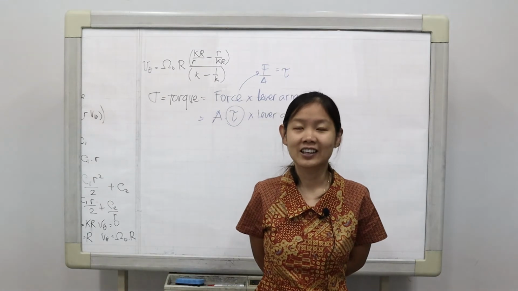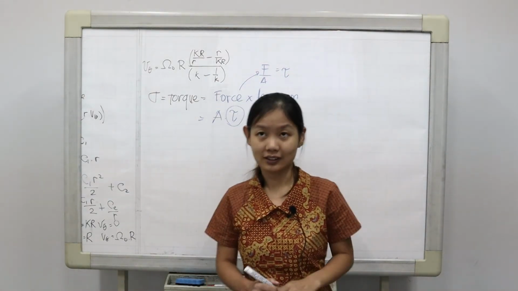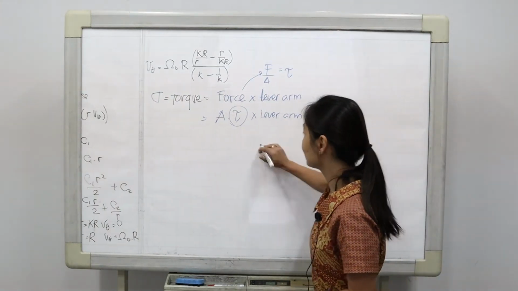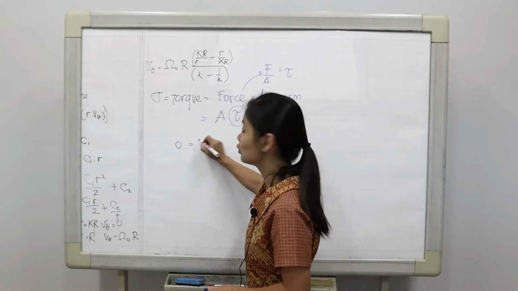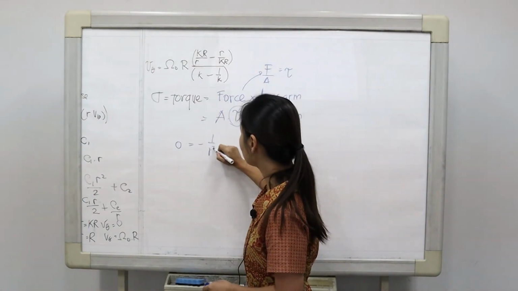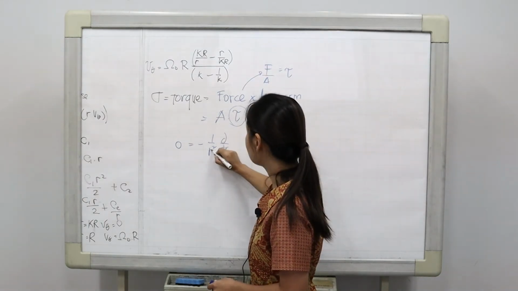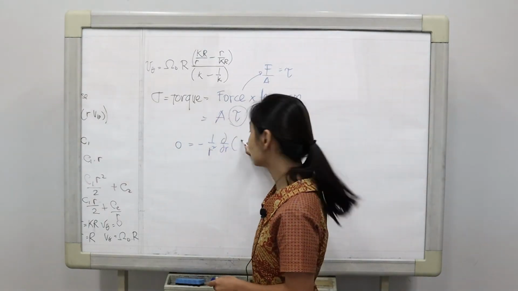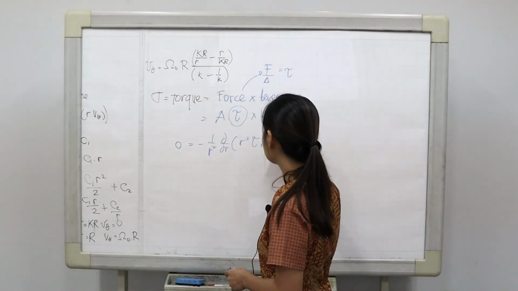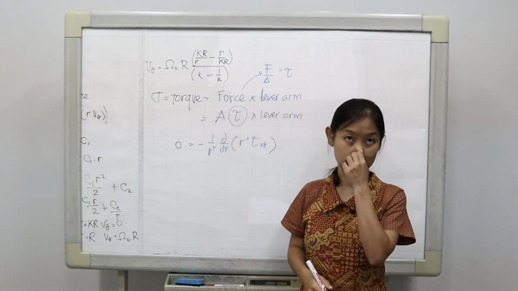And next, rho g theta. So what we have here is only 0 equal to minus 1 over r squared dou over dou r of r squared tau r theta.